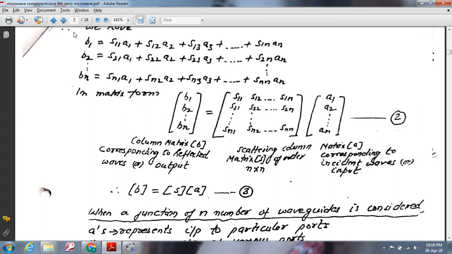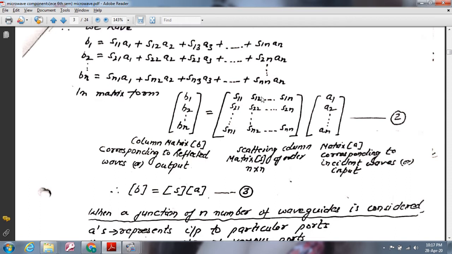This is the output, and this matrix S11, S12, S13 up to S1n. Similarly the second row S21, S22, up to S2n, and the last row Sn1, Sn2 up to the last element Snn.